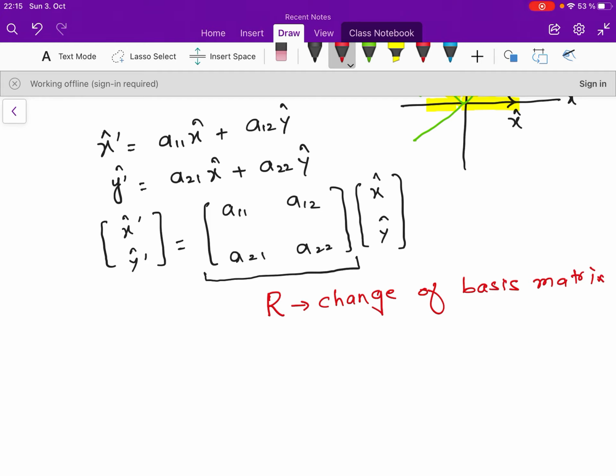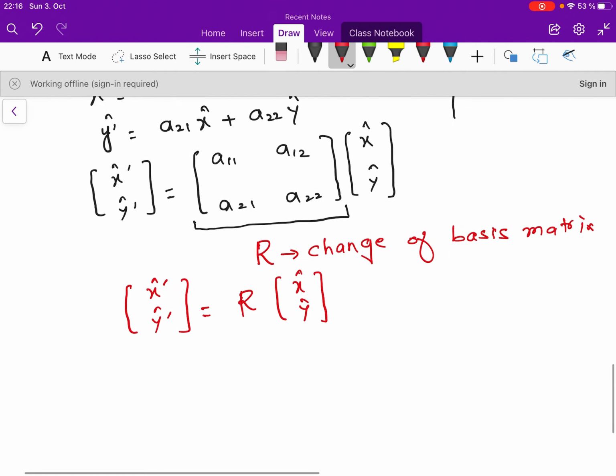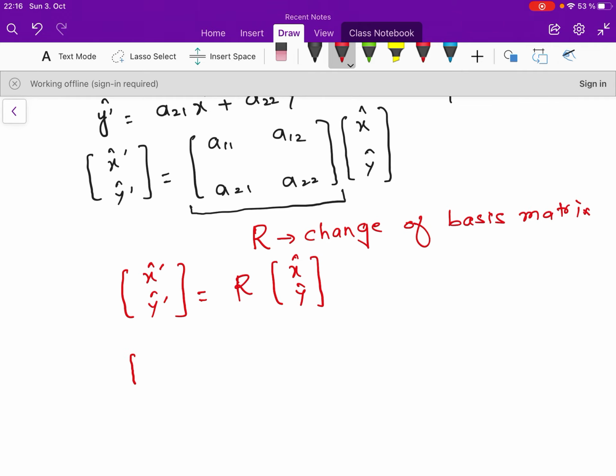So in column vector form I can write this in this manner, x prime hat y prime hat equals R times x cap y cap, and similarly in the row vector form I can safely write this in this form, x prime hat y prime hat will become x cap y cap multiplied by R transpose.